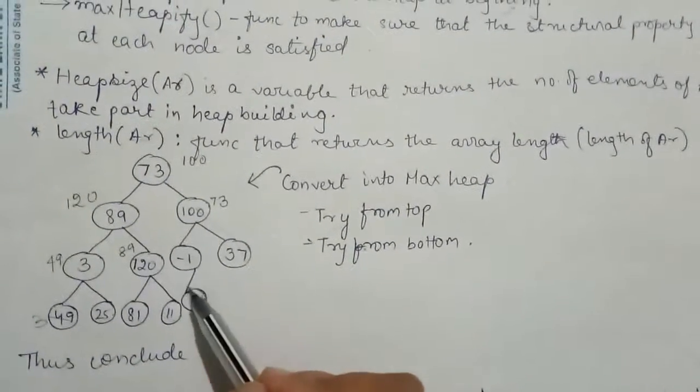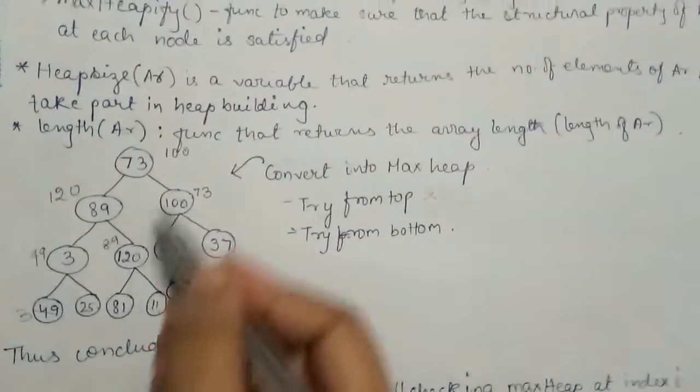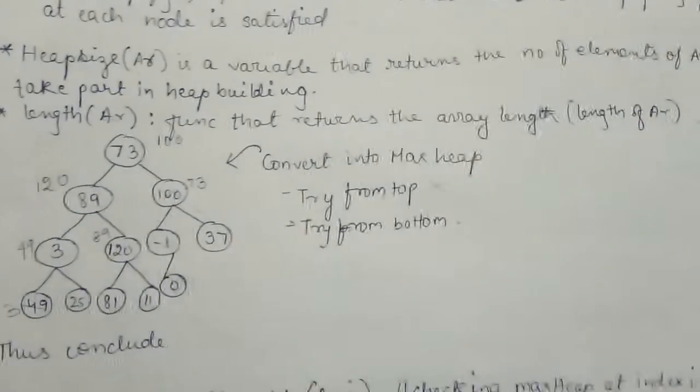So trying from top did not manage, means did not make the whole tree a max heap, so we have to try it from bottom.